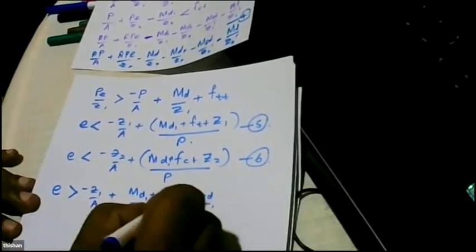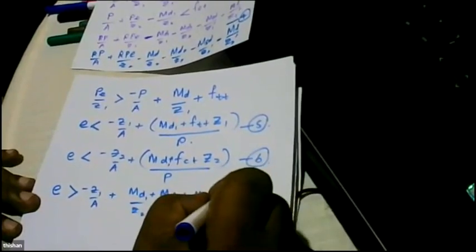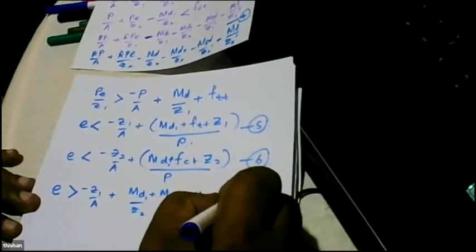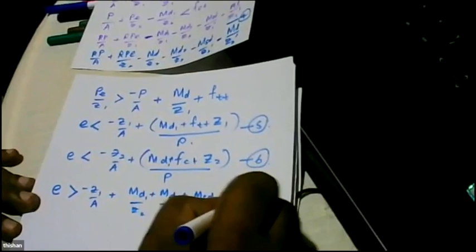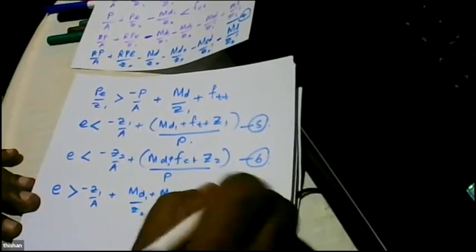Here you get Z2, here you get Z2 plus ML over Z1 dash.